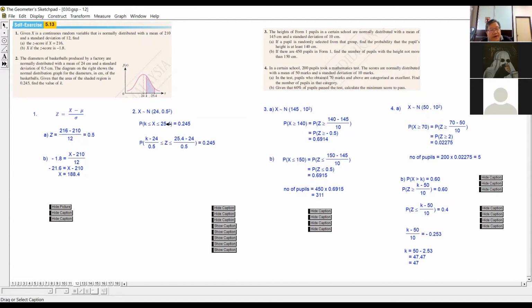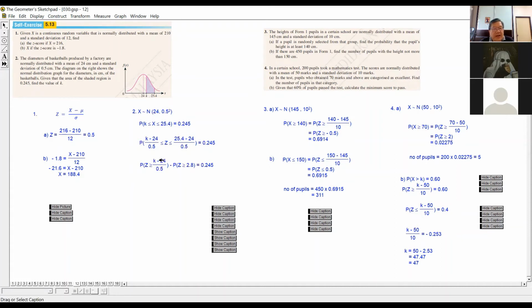We also convert the 25.4 to the z-score, because it is only through the z-score that we can relate it with the probability. Using x, we cannot relate unless you calibrate another table for this particular distribution, and we don't know how to calibrate either. So we just convert to z-score.